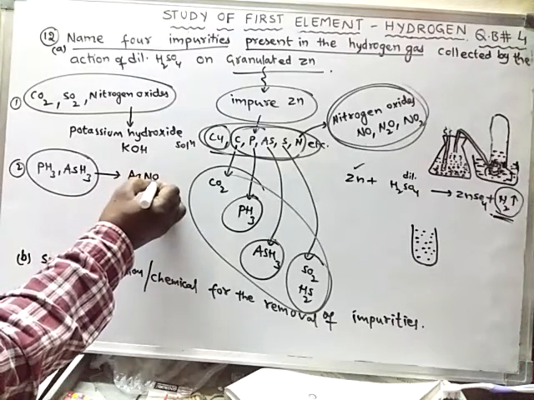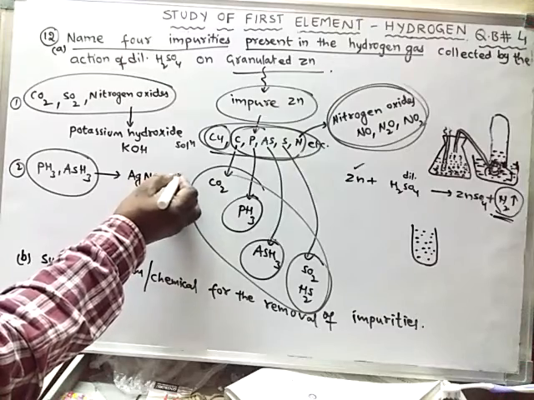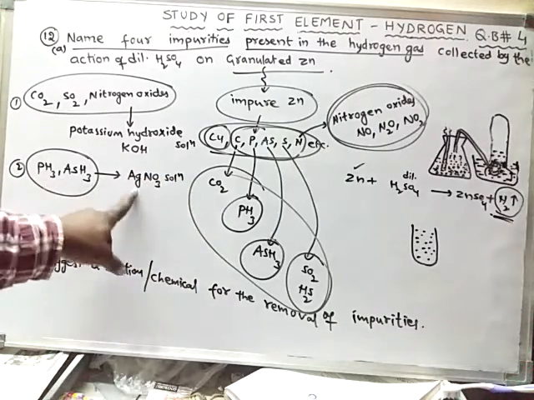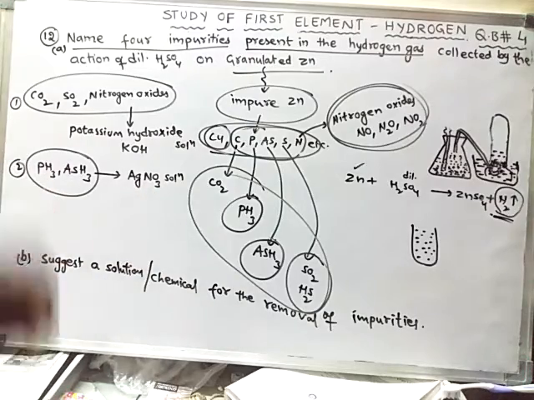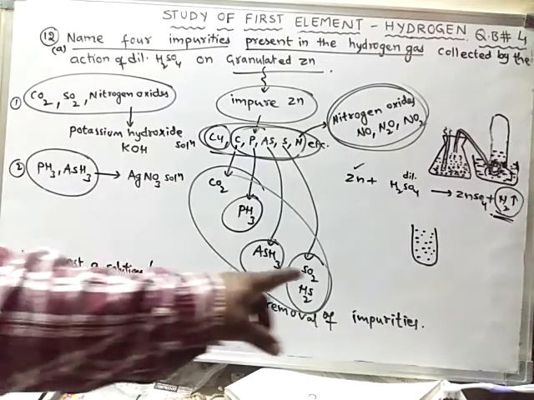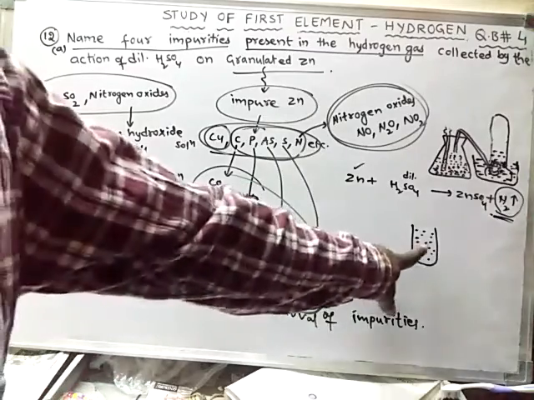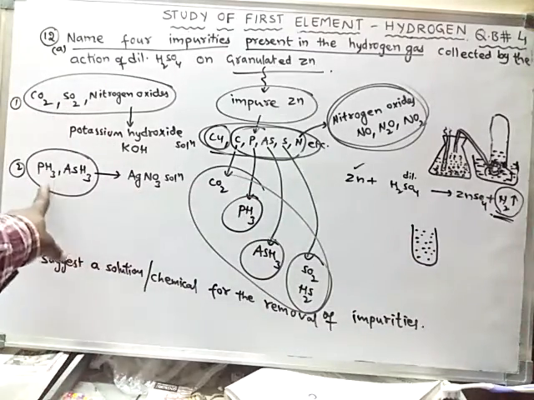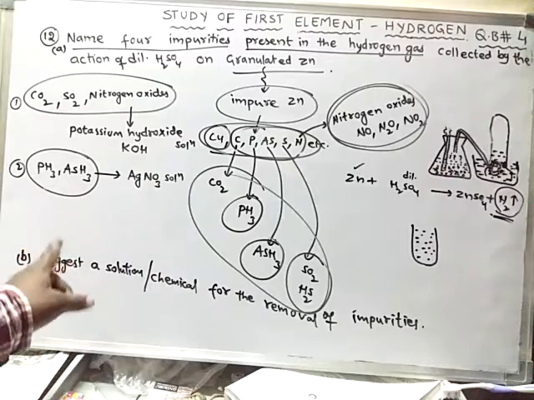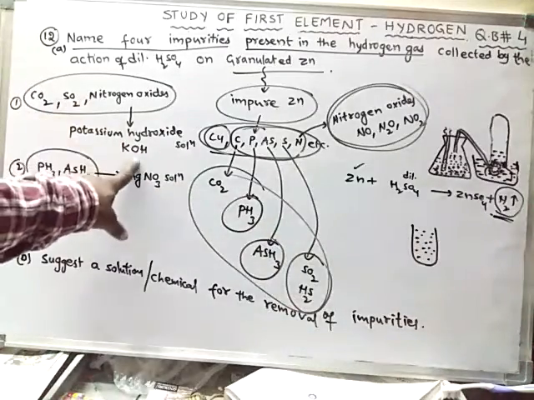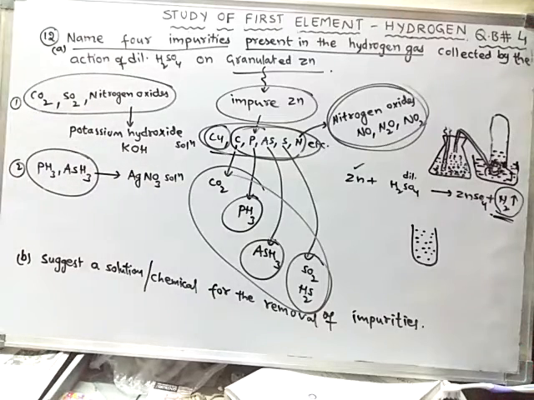Silver nitrate solution can dissolve these 2 gases. So we have to send this hydrogen gas into this solution, and these impurities can be removed.